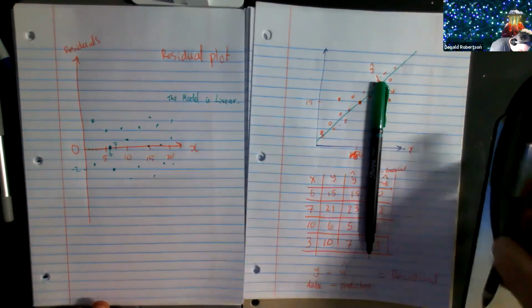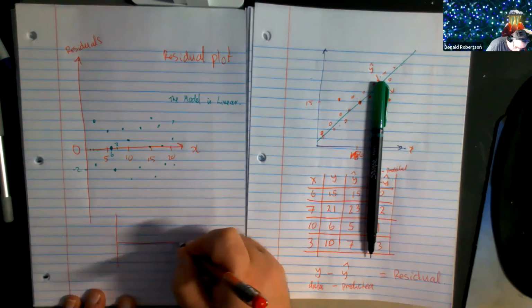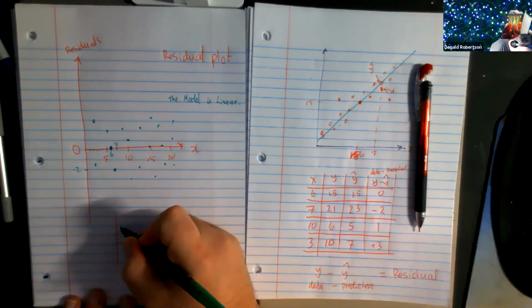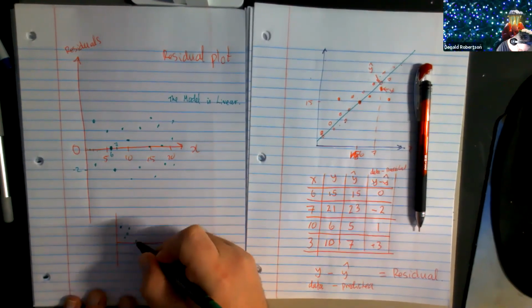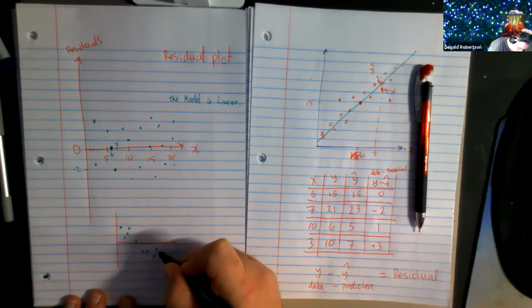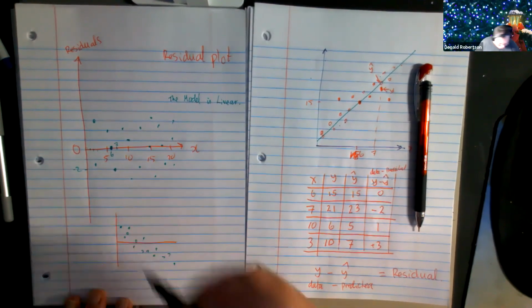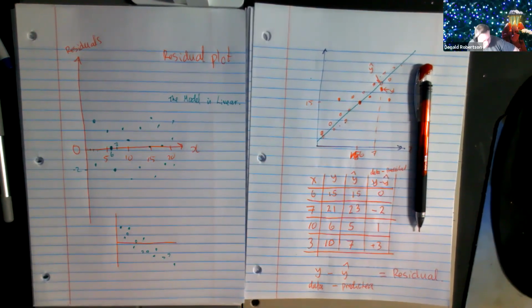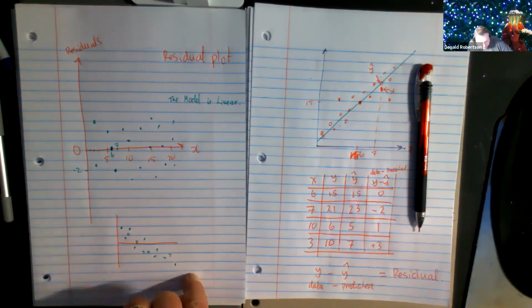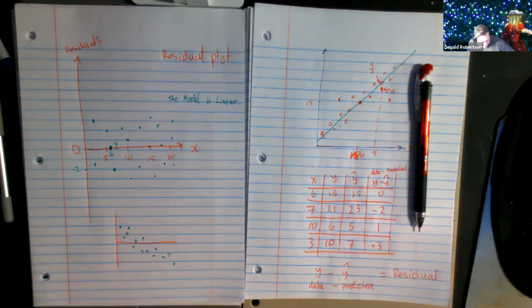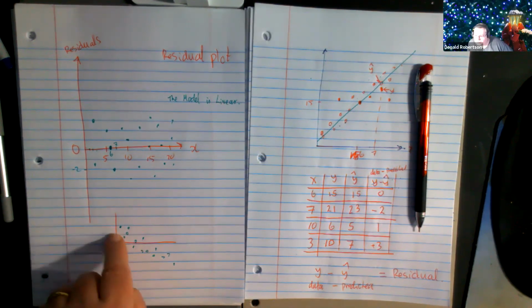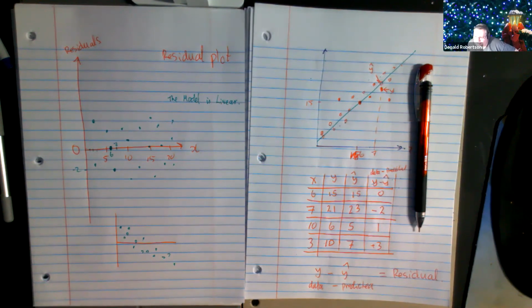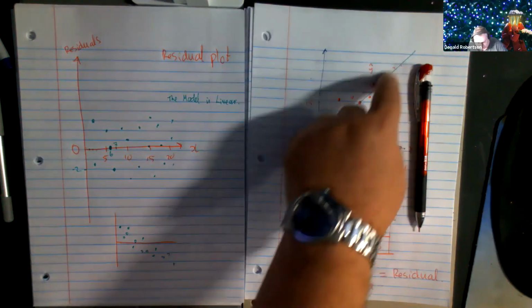Can you imagine a different set of data? And the residual plot looked like this. Do you see a distinct linear pattern here? You see it, the residuals? That's bad news, because if you see any kind of strong discernible pattern, it means that this data isn't actually straight.